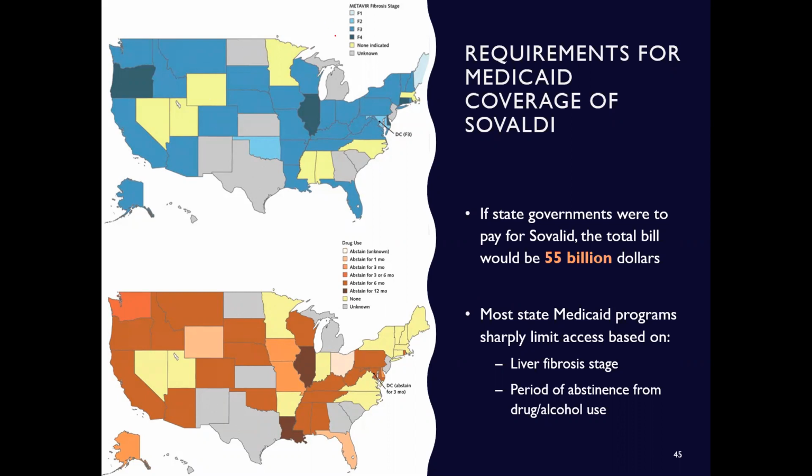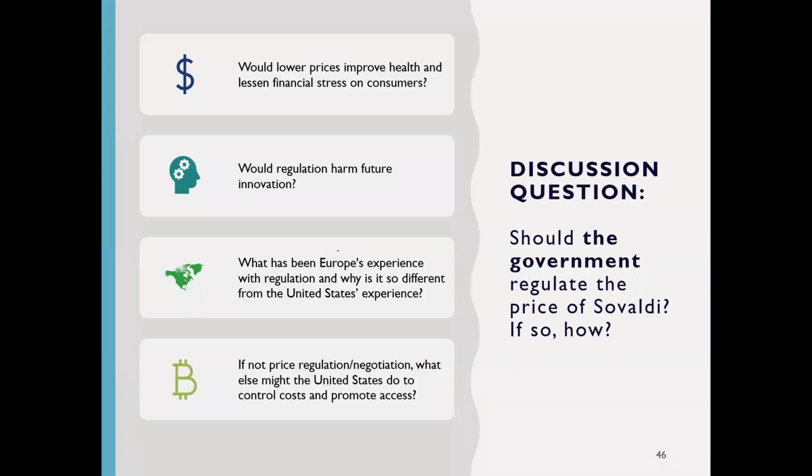This first one shows liver fibrosis stage, and the second one shows requirements for abstinence from drug and alcohol use. Now, what I want you to think through for our conversation in class is, should the government regulate the price of Sovaldi? And if so, how?